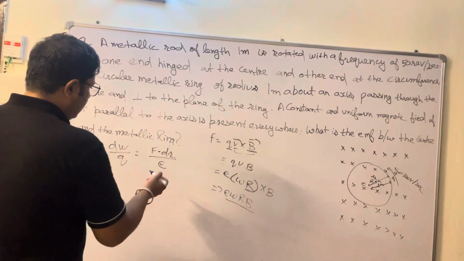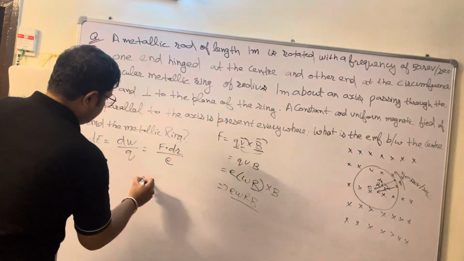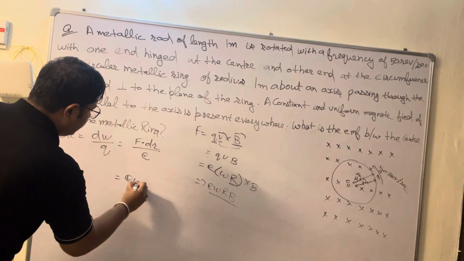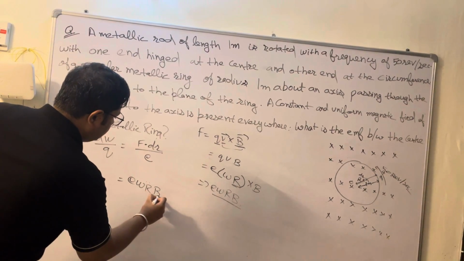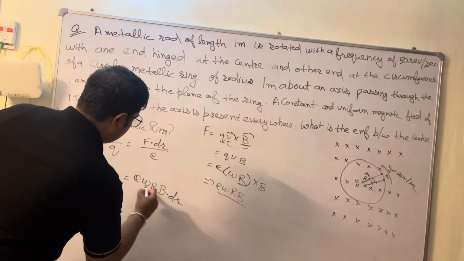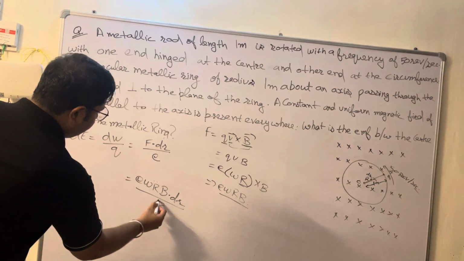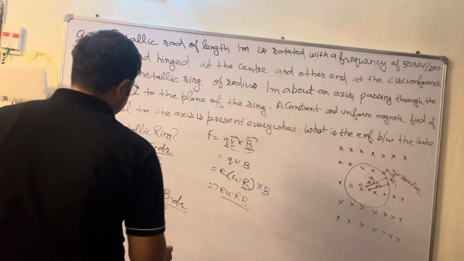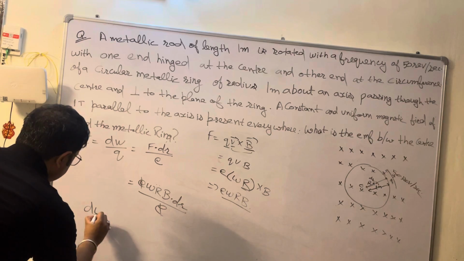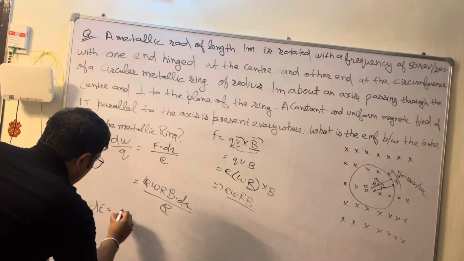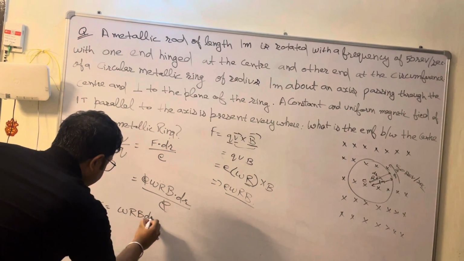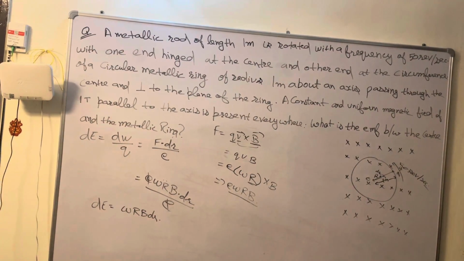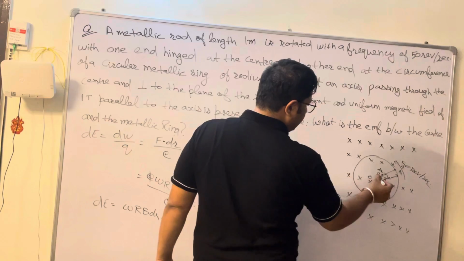Substituting the value of F, we get e omega R B times dr over e. The e cancels, so we get dE equals omega R B dr.